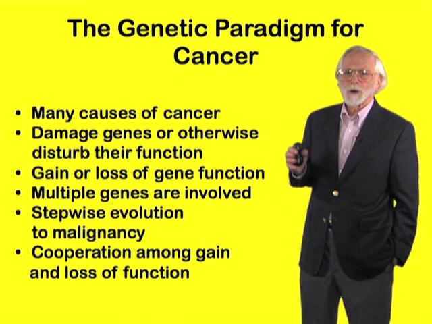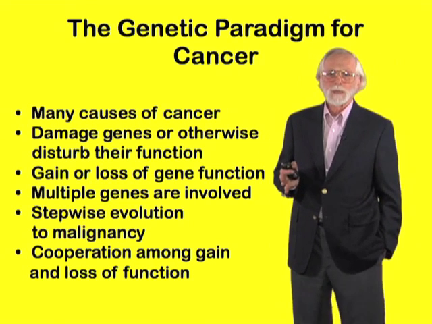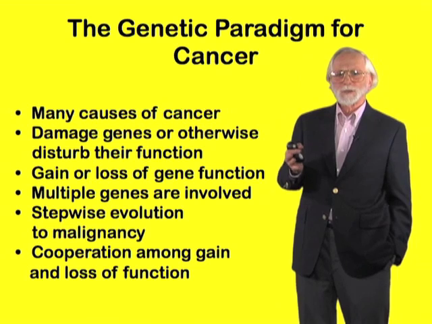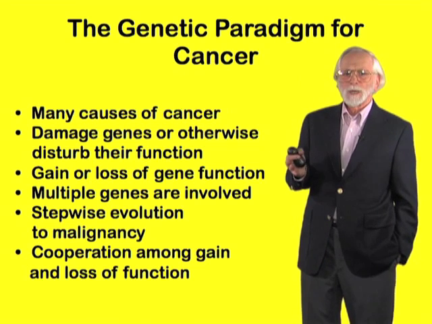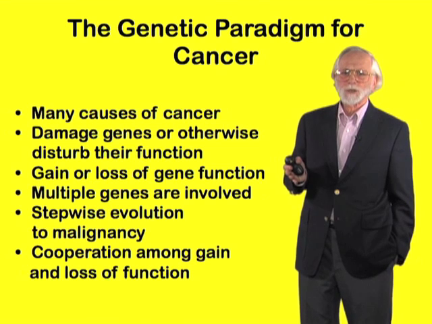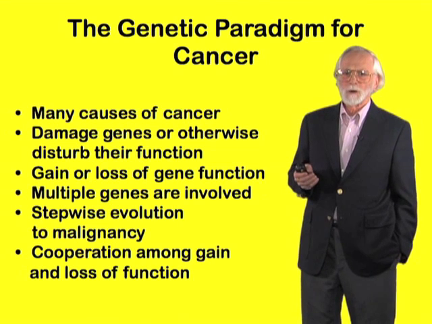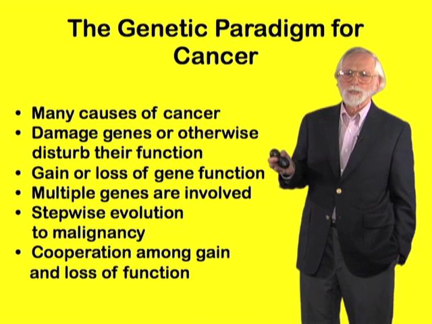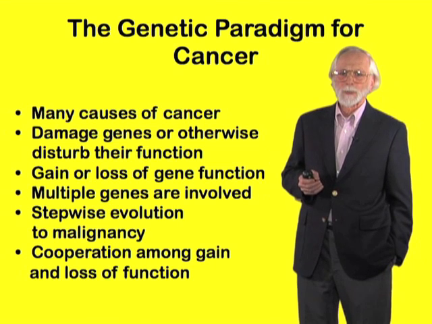So we have reached our genetic paradigm for cancer, and it has these components. There are many causes of cancer, but they all work by damaging genes or otherwise disturbing the function of the genes. Both gain and loss of gene function are involved, and cooperate in some way in the production of the tumor.